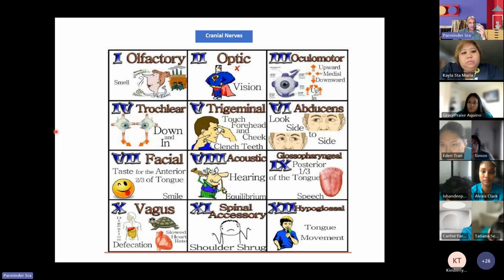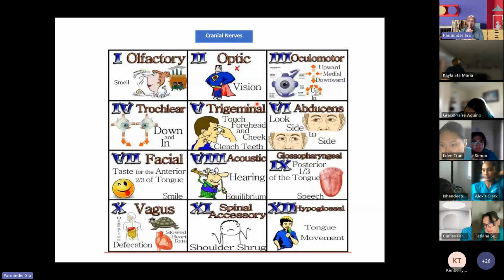So it controls most eye movements, pupil constriction, and eyelid elevation. You ask them to look up, down, and in the center, you can point the finger and ask them to follow your finger. Then 4, you ask them to look down and then bring it in. Down and in. That is your trochlear.